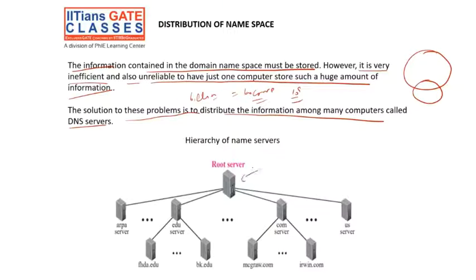One computer system we call the root server, another the ARPA server, another the education server, and the com server. Inside the com server, we have one more server. This way, all are connected. These are domain name servers, and all the information of the domain names is there.